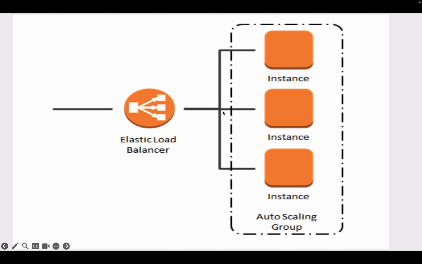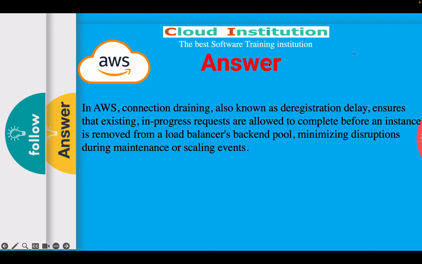Just like an employee gives KT sessions and hands over all the responsibilities they are currently doing before moving to some other job, similarly, the instance will finish up all the current tasks, and then it will be marked for termination. That's what has been explained here in AWS.